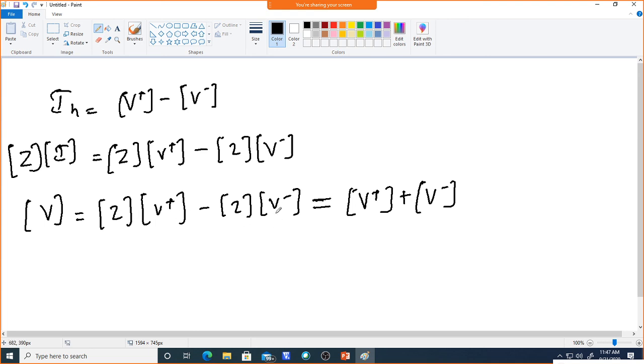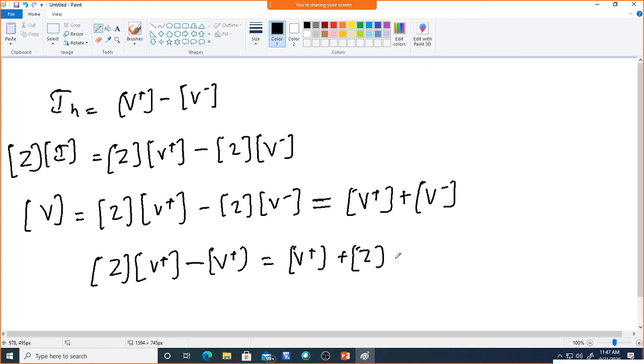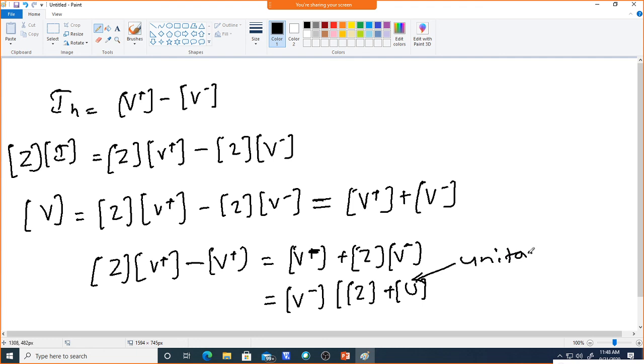Taking Z into V minus to this side and V plus to this side, you will get Z into V plus minus V plus, equal to V plus Z into V. So this is V minus, that is Z into V minus. Now you can take V minus common and it becomes Z plus U, where U is the unitary matrix or identity matrix.